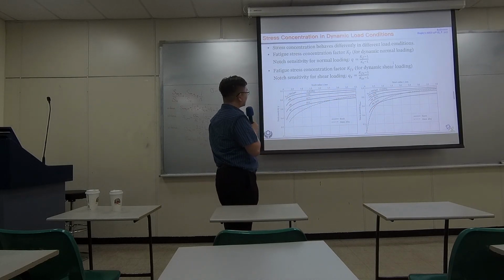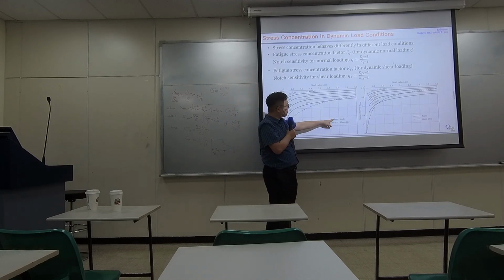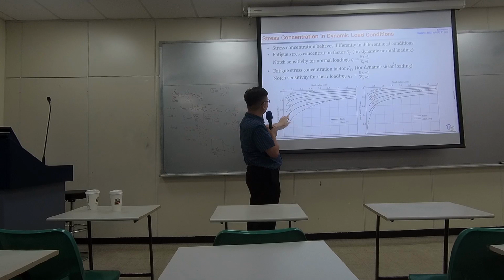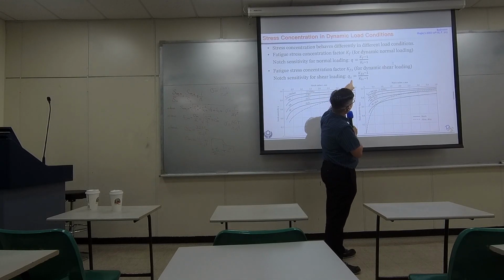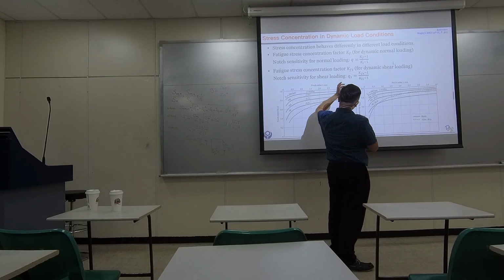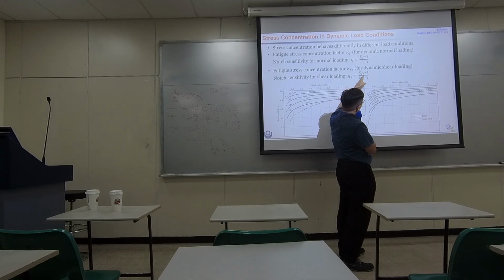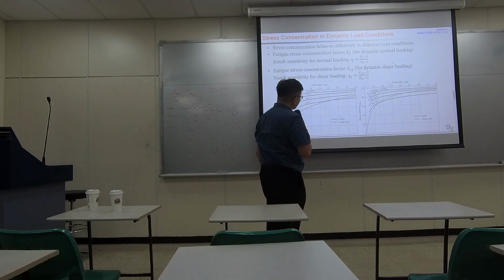So let's take a look at what would make your Q factor greater. If you take a look, focus on the steel. This is the table for Q. This is the table for QS. So QS is the notch sensitivity for shearing stress concentration factors.